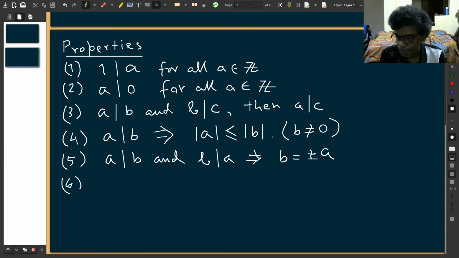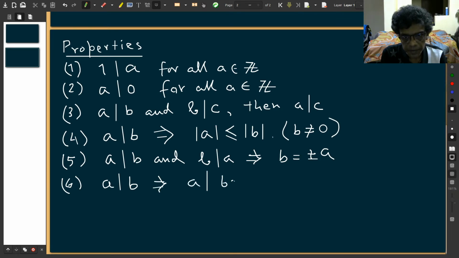Sixth, a divides b implies a divides b times x for any integer x in Z. In fact, I can generalize this sixth result in this fashion.